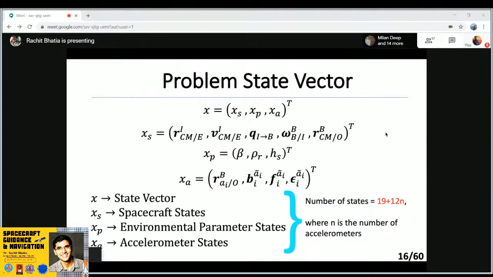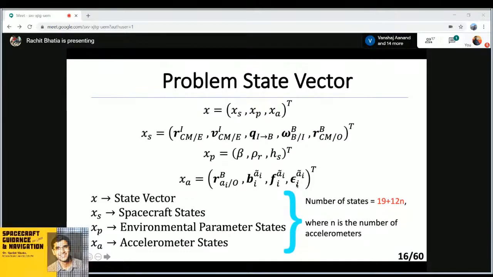It was very important to know what kind of atmospheric drag is acting on the spacecraft. And finally, I would also like to estimate the accelerometer states, which are the position of the accelerometer with respect to the origin O of the spacecraft, and then bias, scale factor, and misalignment.